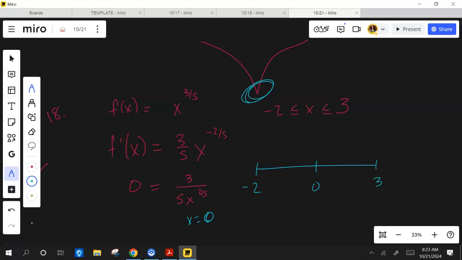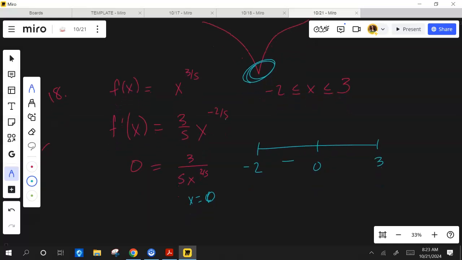All right, look. Between -2 and 0, what is the sign of the derivative? If I plug -1 in here, I've got an odd root. It's negative. Oh, look at that. That's what we said.